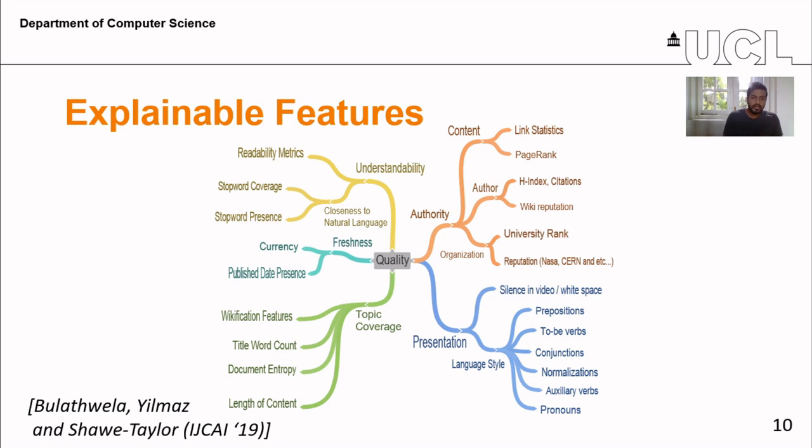We've built machine learning models that help us predict how good the quality is in an educational material. The choice of features is important, because one of the core components that make it easy for us to build explainable systems that are humanly intuitive is choosing features that are more human intuitive and more familiar for a human to understand.